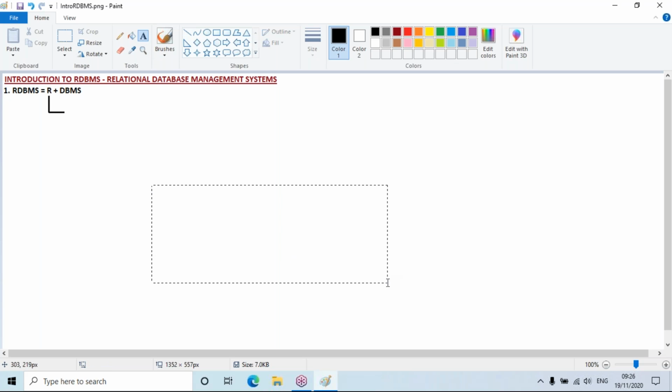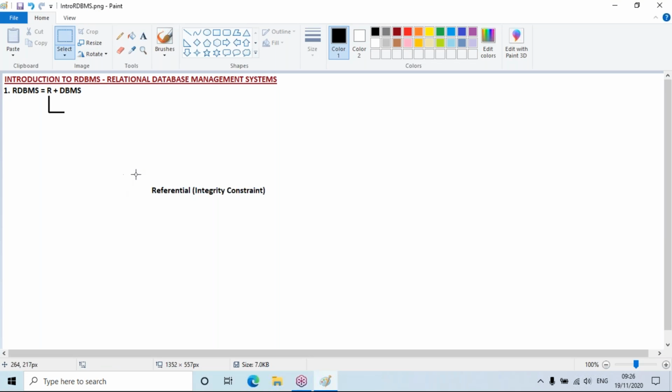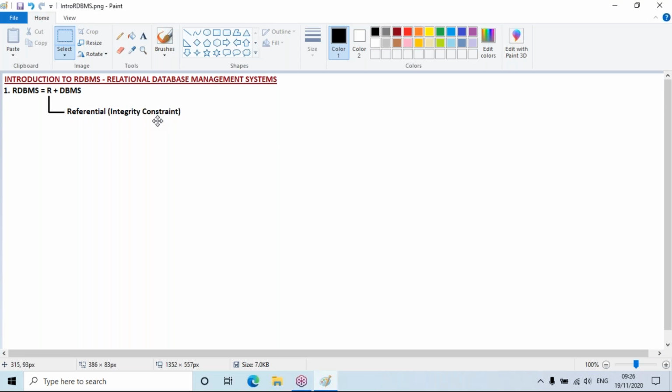R technically stands for referential integrity constraint.